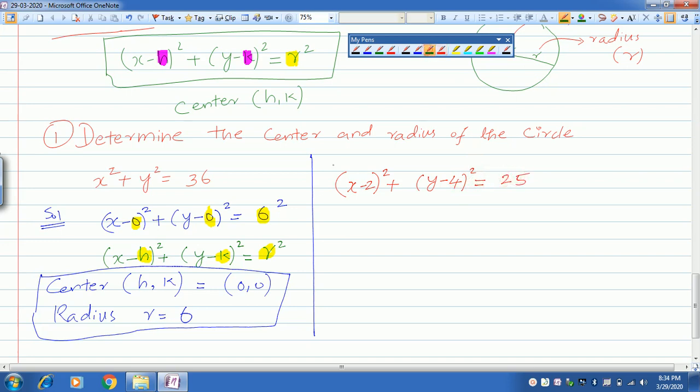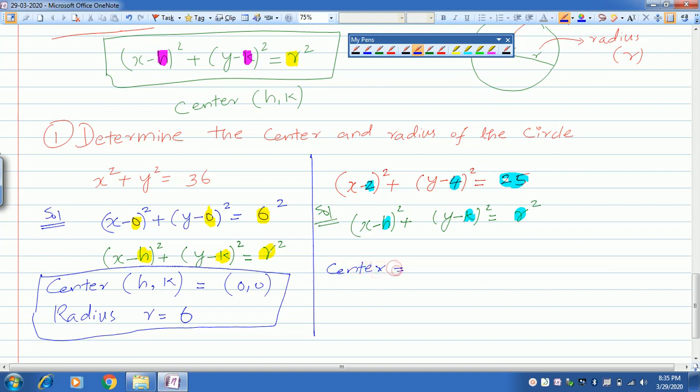Now the same thing, we have to go through the standard form, x minus h whole square plus y minus k whole square is equal to r square. Now compare the x. What is h? H is 2. What is k? K is 4. And r square is 25, so what is r? It is 5.